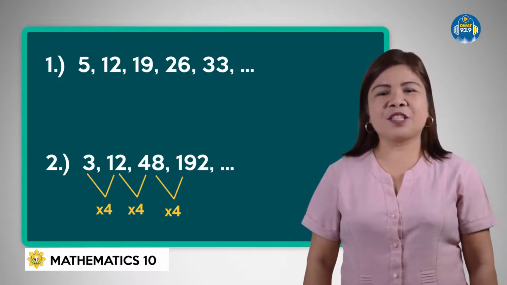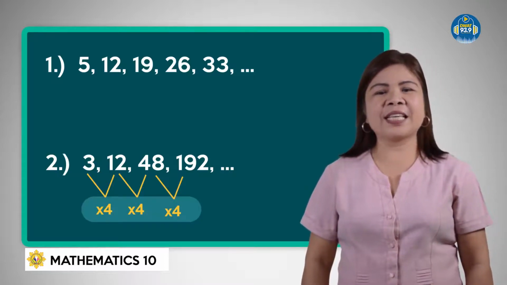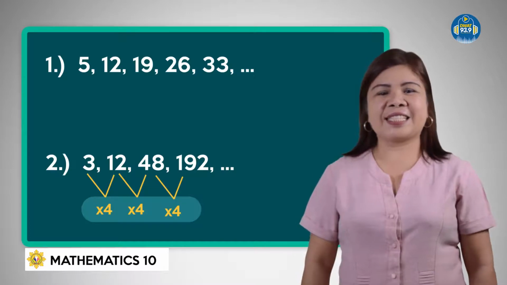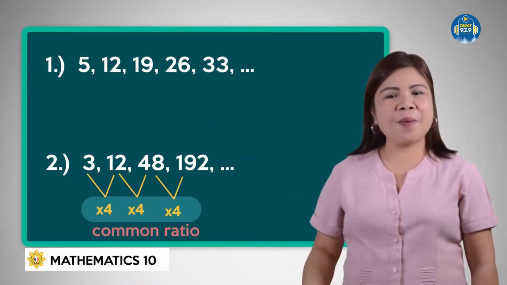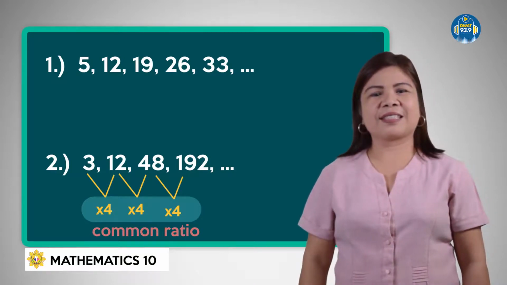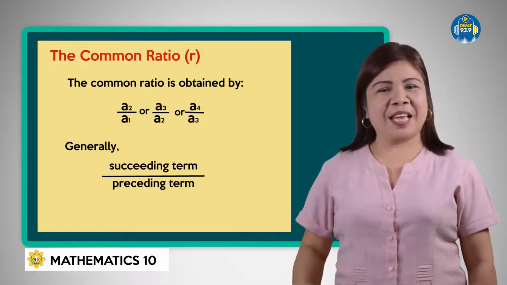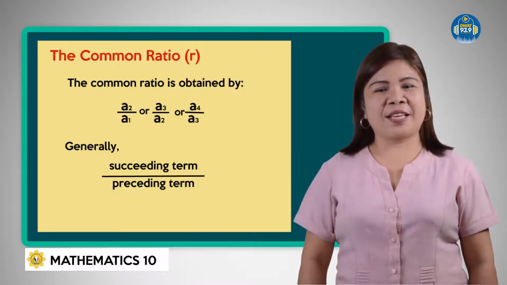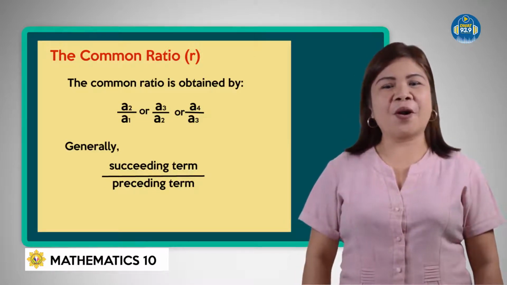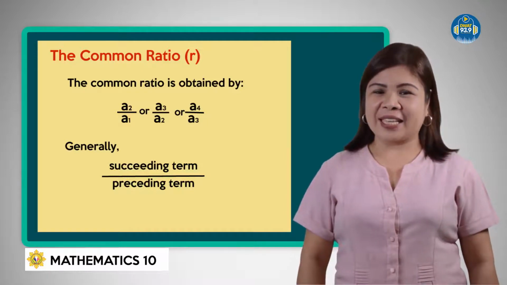The number that is being multiplied to the preceding term to get the succeeding term is called the common ratio of a geometric sequence. The common ratio is obtained by a sub 2 over a sub 1, or a sub 3 over a sub 2, or a sub 4 over a sub 3, and so on.